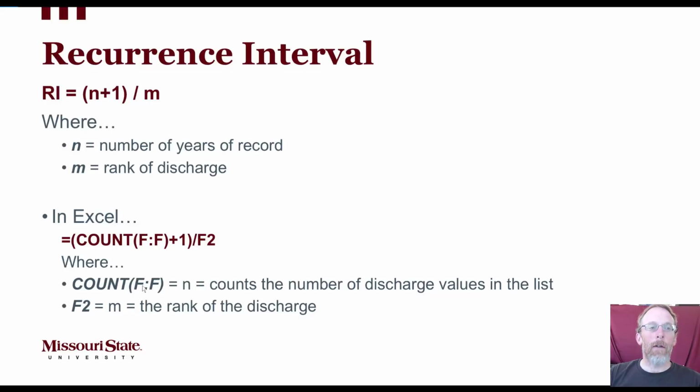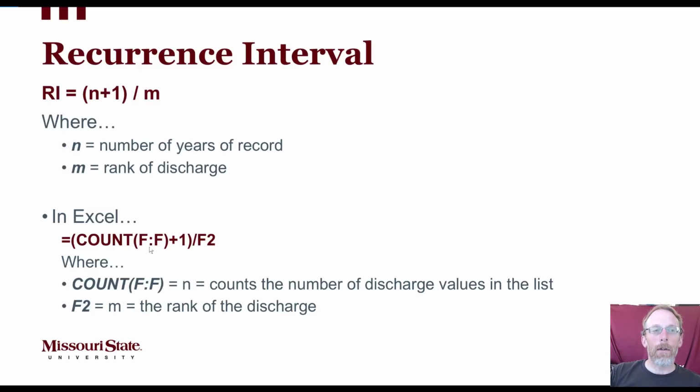So by using F:F, we're telling it to look for everything in the F column, but it will ignore that first row which has text in it and only count the number of numerical values. So that will give us that value of 96 plus 1, which will equal 97, and then we'll divide it by the rank, which is in cell F2.